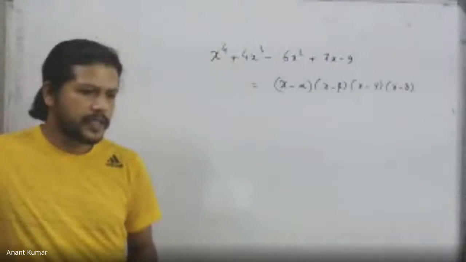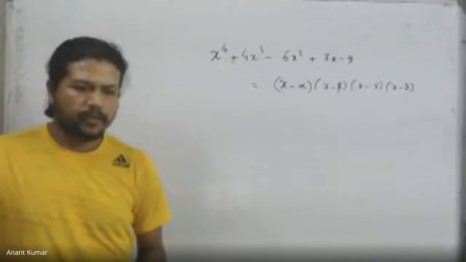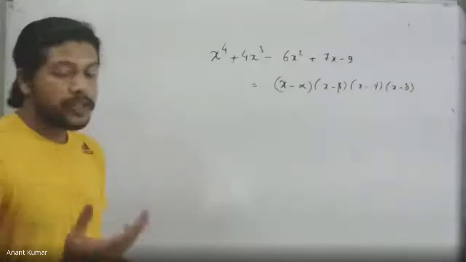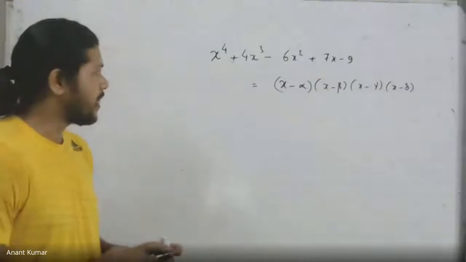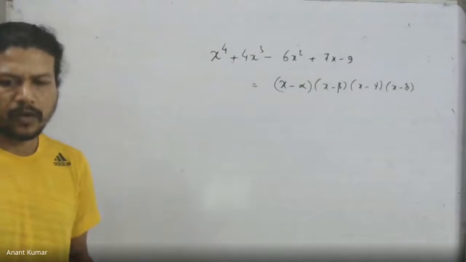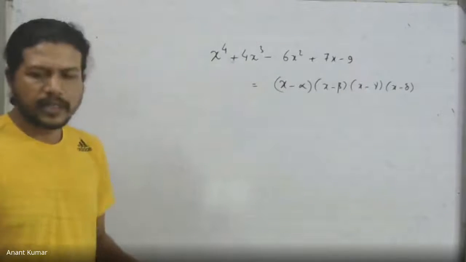Technically, x should have been real, but we can extend the idea to complex numbers as well. It has to be valid in the complex domain too, because the roots are in general complex. So it has to be a valid expression for every x, whether real or complex. I could therefore plug in x equal to i.